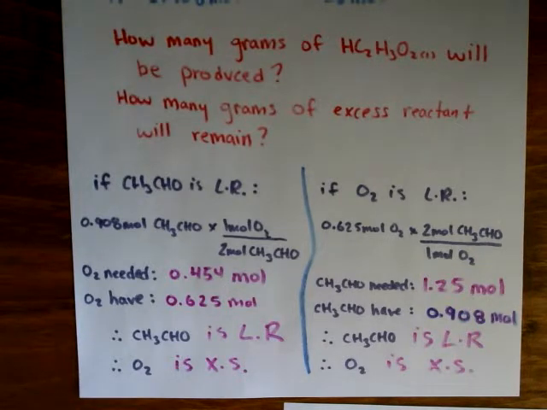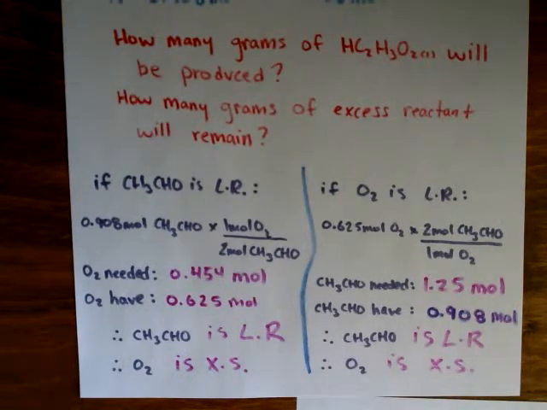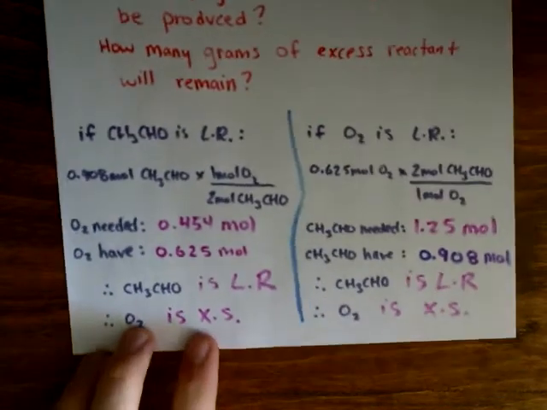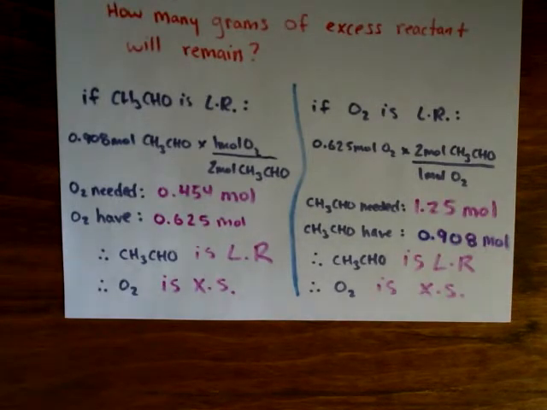So to answer the first part of the question, how many grams of the product will be produced, what we have to do now is take into account the limiting reagent, because the limiting reagent will determine the maximum amount of the product that can be formed.